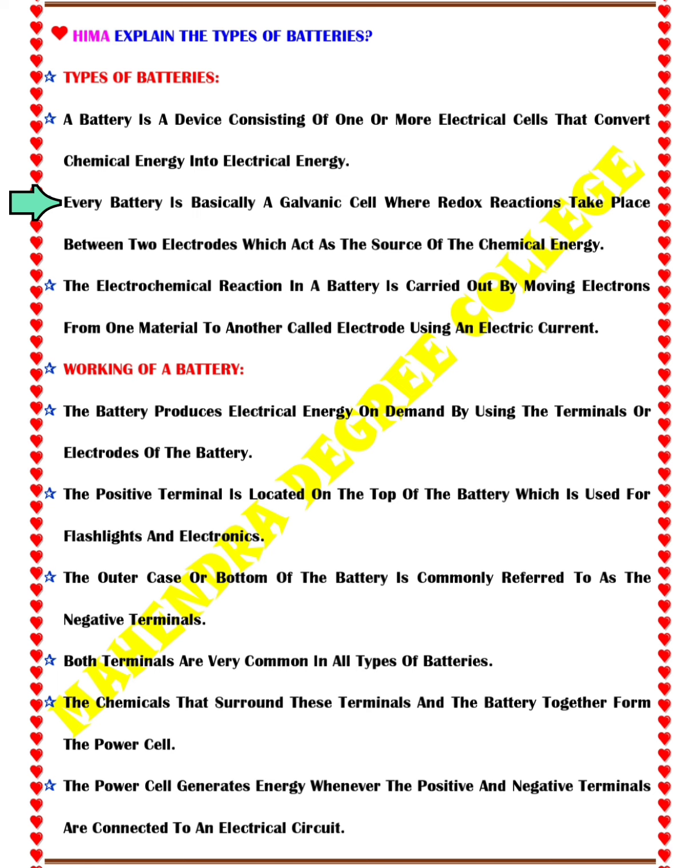In simpler terms, a battery is like a chemical engine. It uses redox reactions between two metal parts, that is, electrodes, to change chemical energy into electrical energy that powers devices.